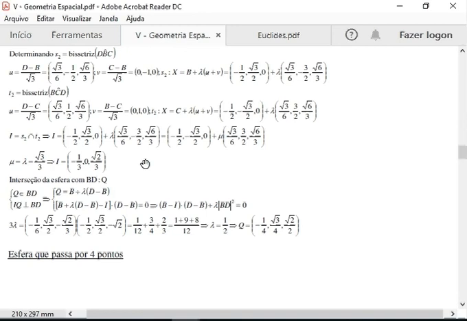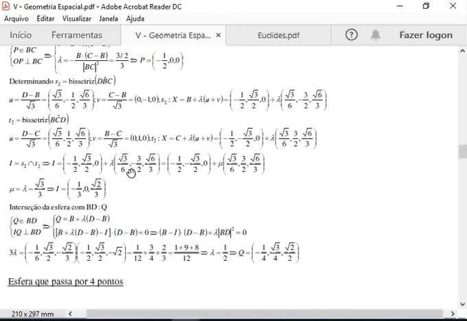You do that calculus, and lambda is equal to mu is equal to √3/3, by miracle. We found I, a point equidistant from S2 and T2.